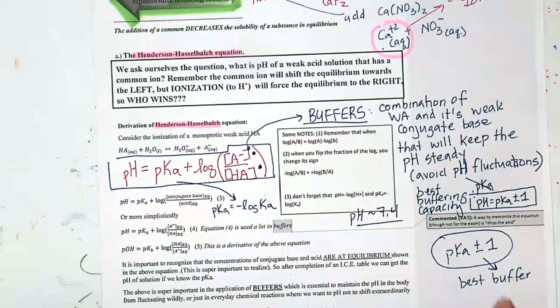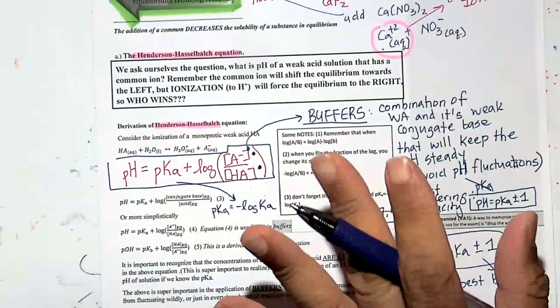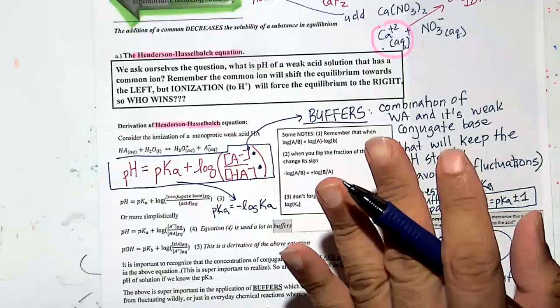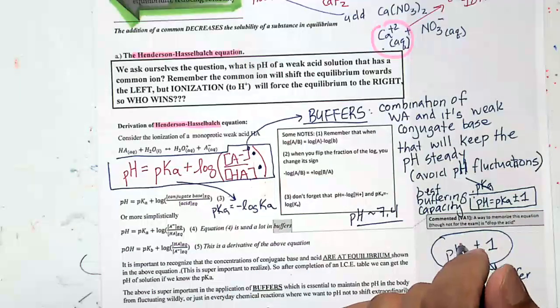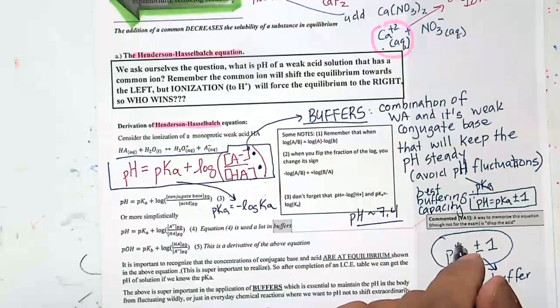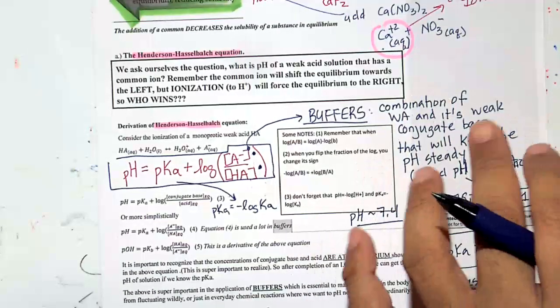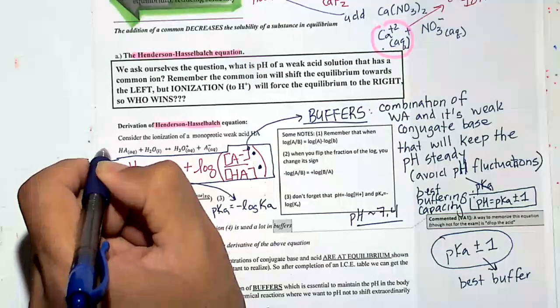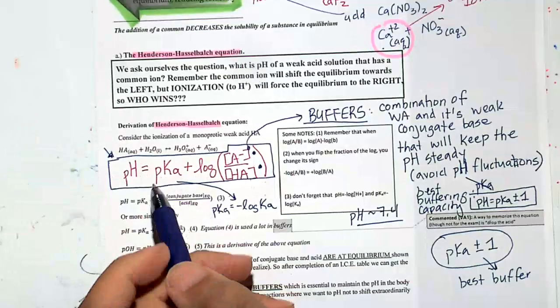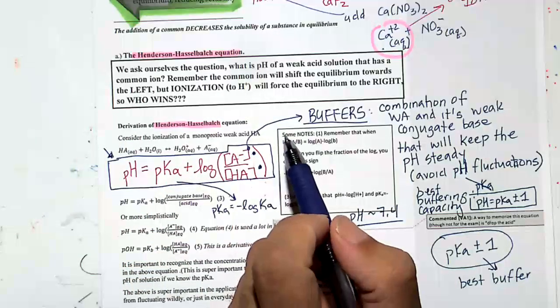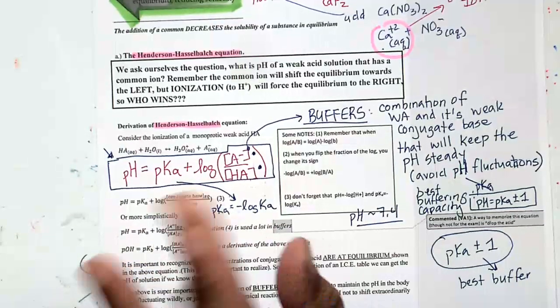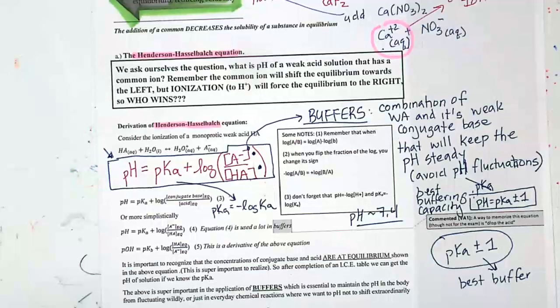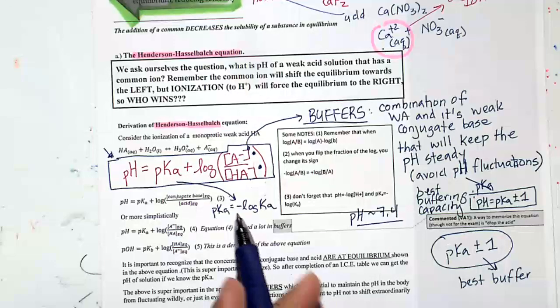All right, let's step back a little bit here. A buffer keeps the pH steady, plus or minus 1 pH unit. It can't go too high, can't go too low. There are a lot of health implications for this. And we'll use the Henderson-Hasselbalch equation in the application of buffers. How do you know when you have a buffer?